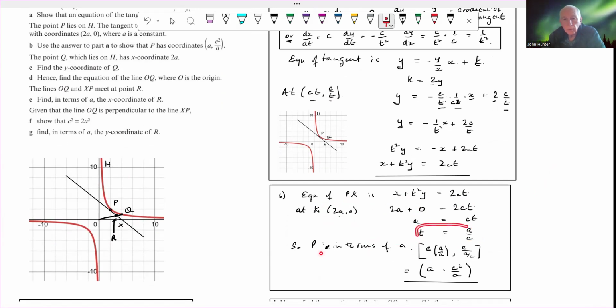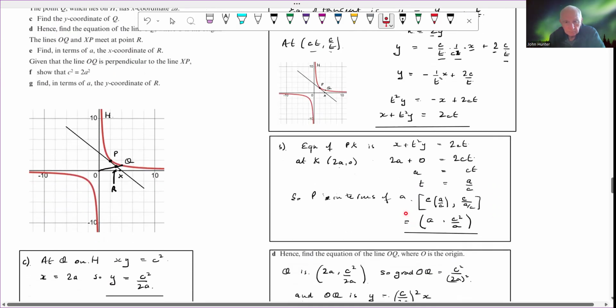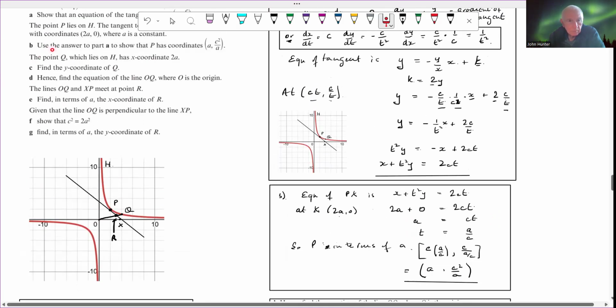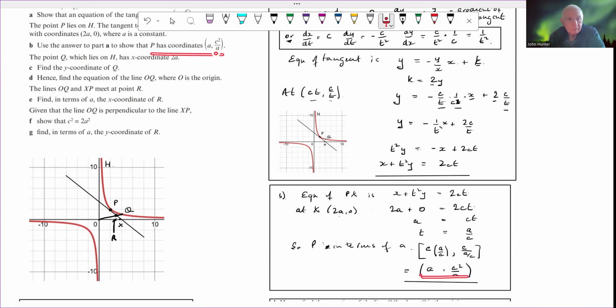And then we can put that back into our general point to give us the coordinates of P. Okay, that's part B.